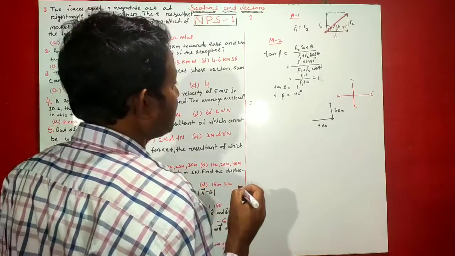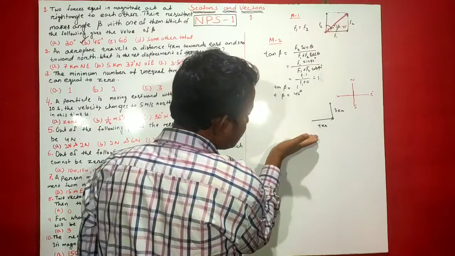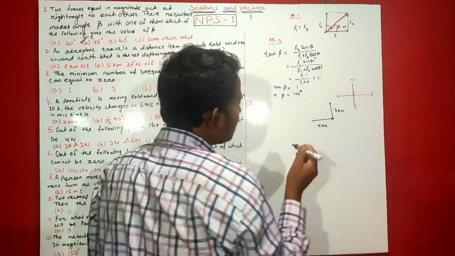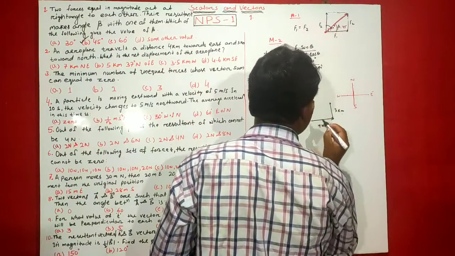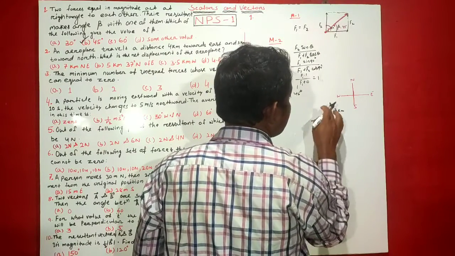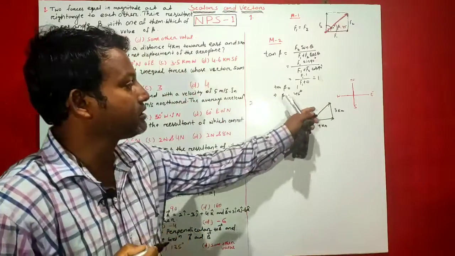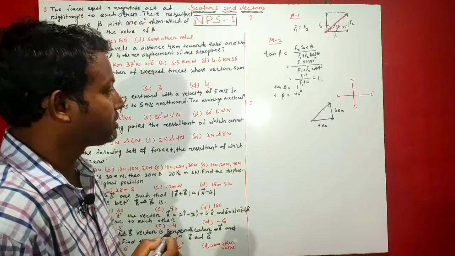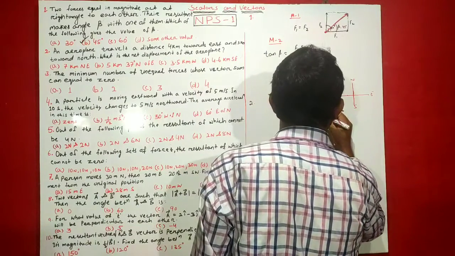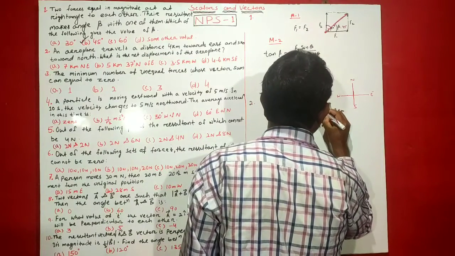What is the net displacement? An aeroplane travels 4 km towards east, then 3 km towards north. The displacement will be from the initial position to the final position. This is our resultant net displacement. Putting the Pythagoras formula, we can find that this will be 5 kilometers.